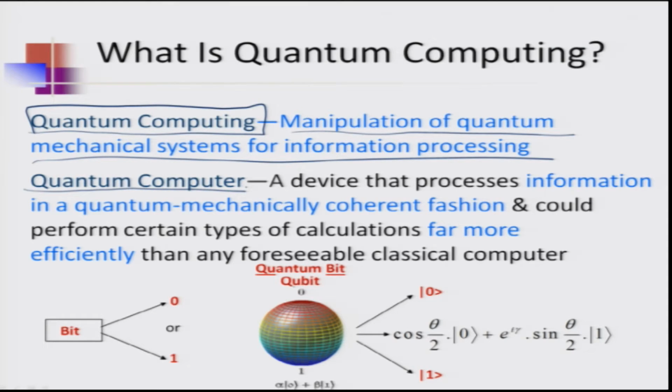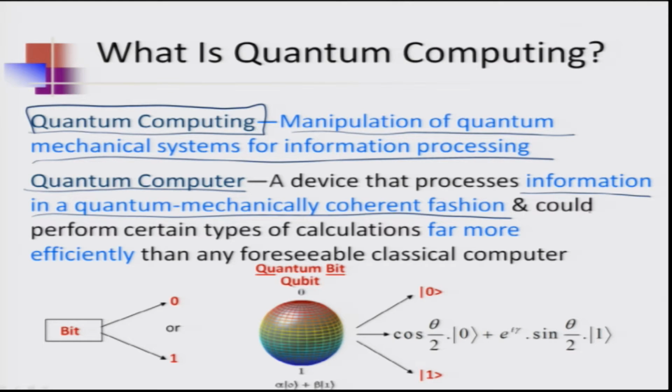It is like noun and adjective. You do not want to use a noun in place of an adjective and vice versa. A quantum computer is the noun and the computing is actually the adjective. So, the act of manipulation of the quantum mechanical system for information processing, that is quantum computing, whereas a quantum computer is a device that processes information in a quantum mechanically coherent fashion.